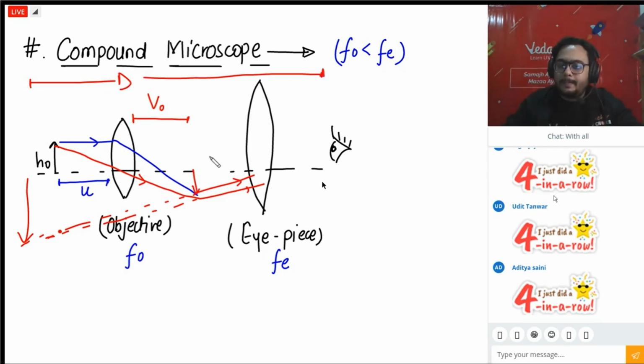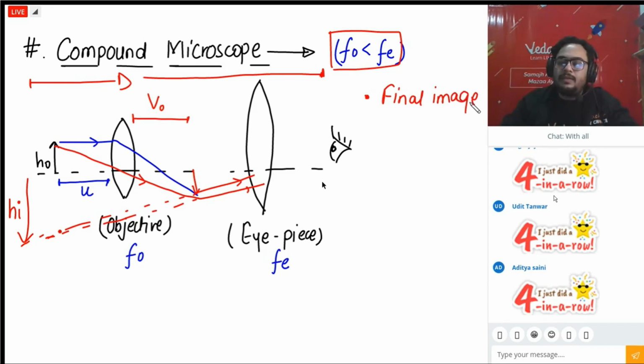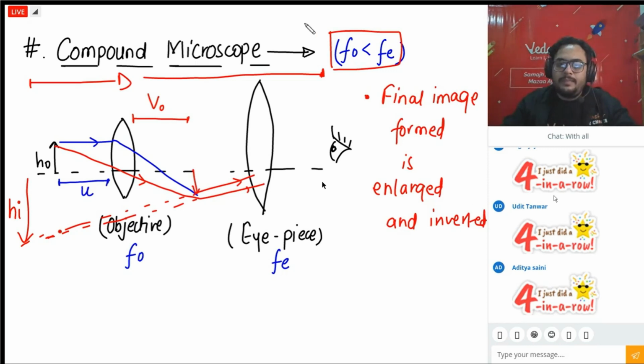So this is your height of image. First thing to remember: the focal length of the objective is less than the eyepiece. Second, the final image formed is enlarged and inverted. Now listen carefully. This was your object, and this is the image formed by the objective. So this image acts like an object for the eyepiece. So I can say this distance is UE.